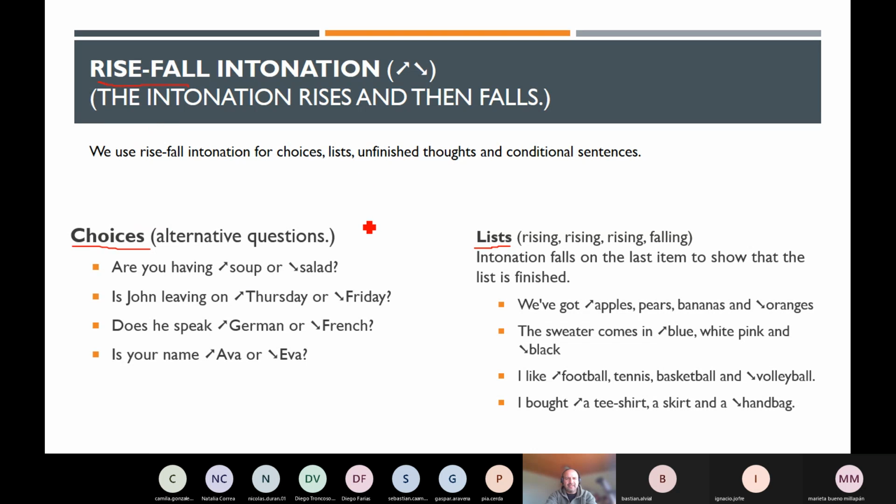But now we're talking about lists, right? Rising, rising, rising, falling. So we always use rising intonation whenever we're listing, when we're naming each one of the elements, until the last one, in which we are using a falling intonation. Anyone would like to volunteer? And this being the last slide, the last content to be covered today.